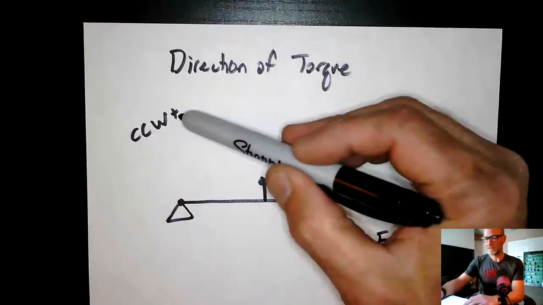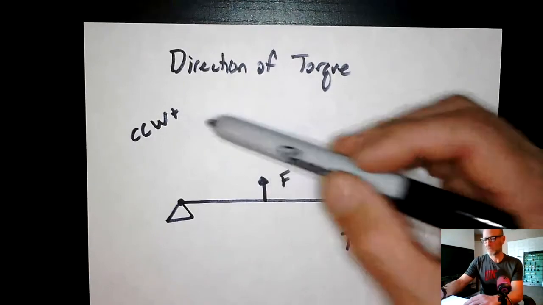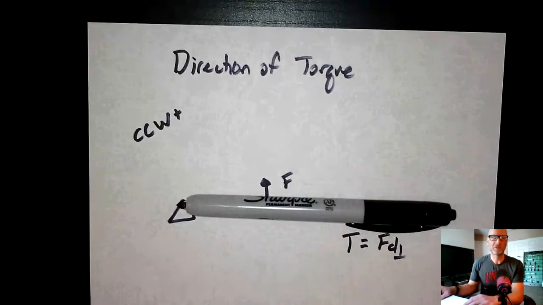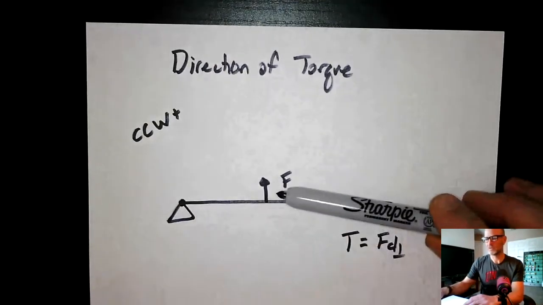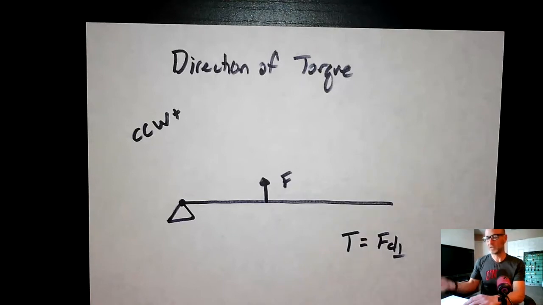To identify the direction of the torque, we need to know this reference frame, and then we need to know which way this lever would tend to rotate if this were the only force acting on the object. So how do we determine that?